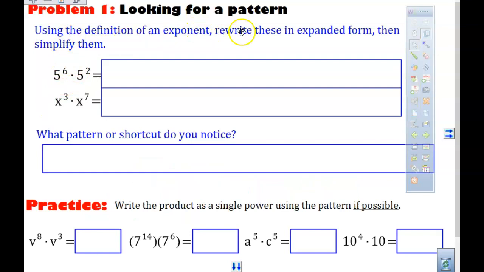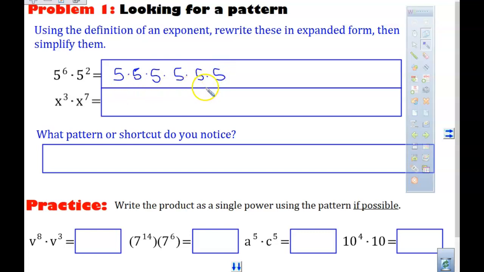Using the definition of exponents, we want to write these out in what's called expanded form. Expanded form just means we want to show how many 5s. So 5 to the 6th means I should have how many 5s? I should have 6 5s. So please write 6 5s down.